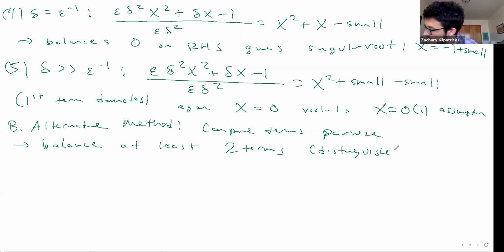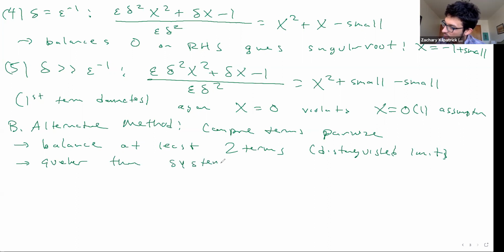And we call this sometimes the distinguished limit, okay? And this can be quicker than the systematic approach of sort of exhaustively trying different rescalings.